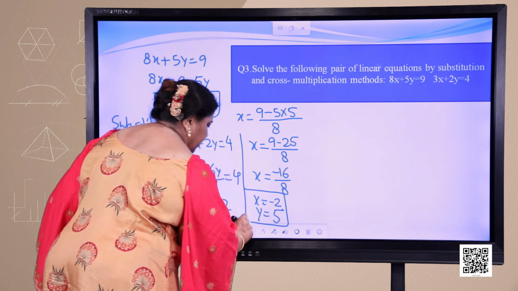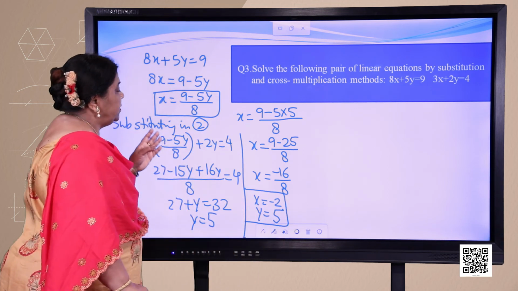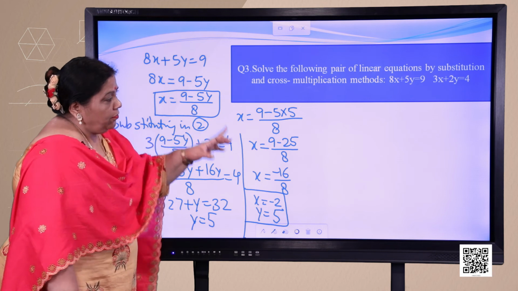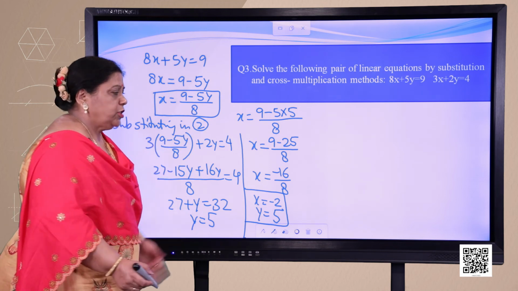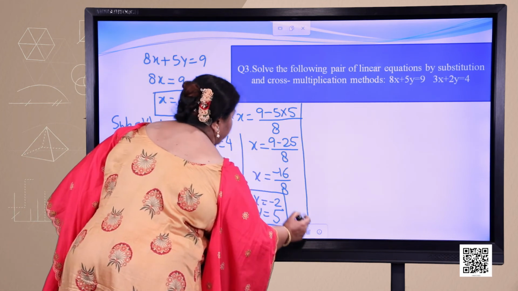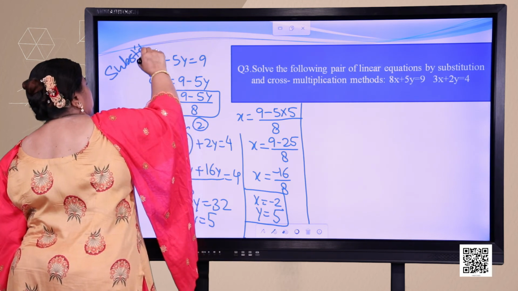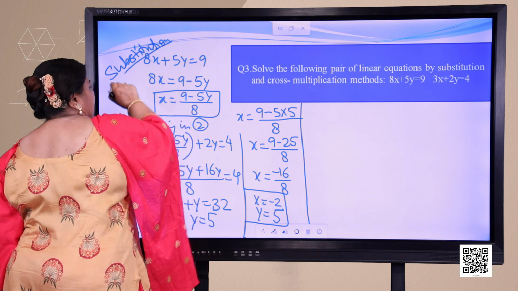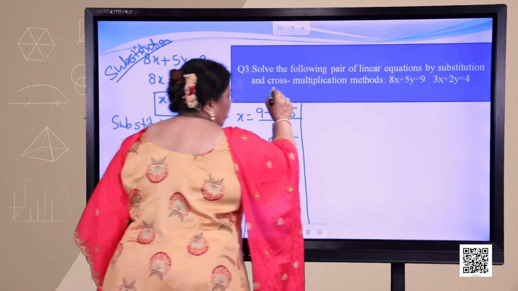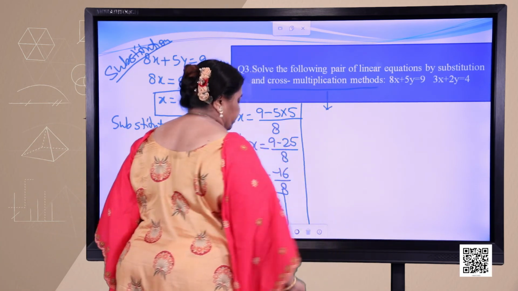This is by using substitution method. Now, we will solve these equations by cross multiplication method. Let me write down, this is by substitution method and now we are using by cross multiplication method.